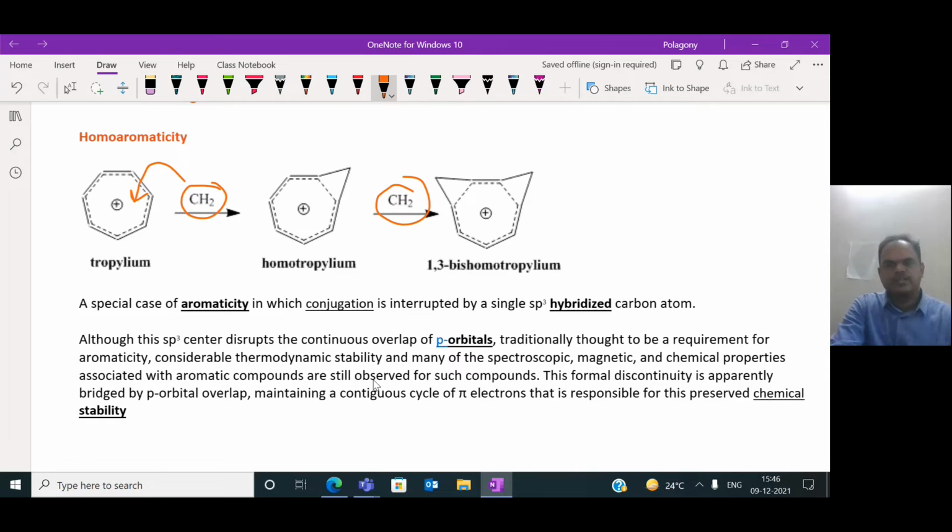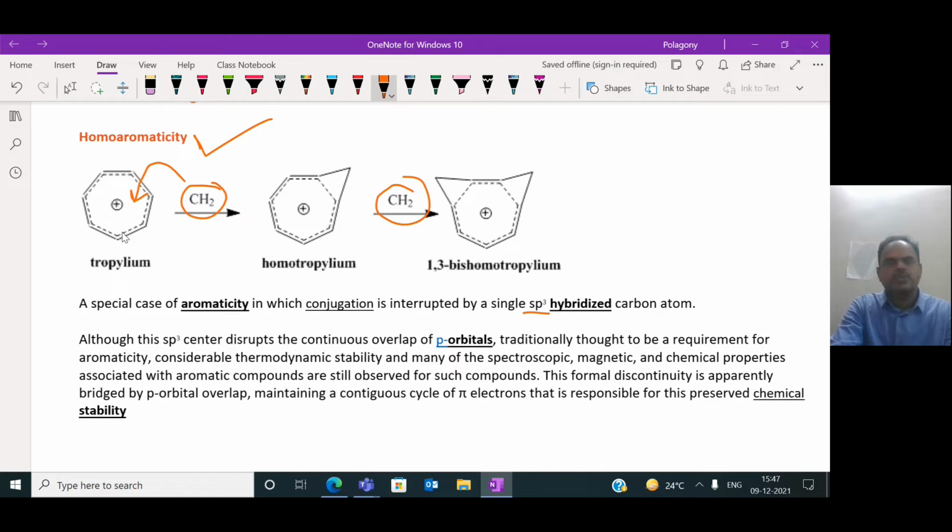So based on this, these ions are more stable due to interruption by the sp3 hybridized carbon. This property is what we call homoaromaticity.